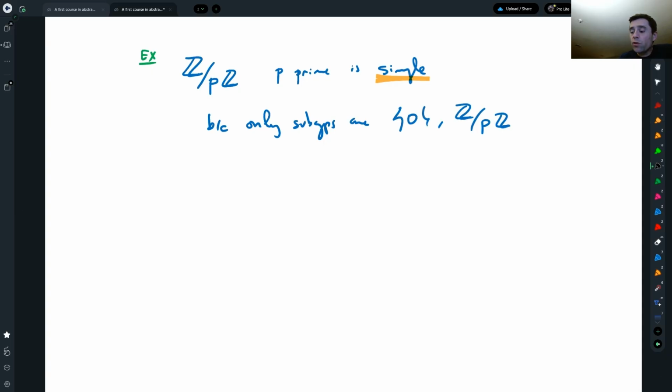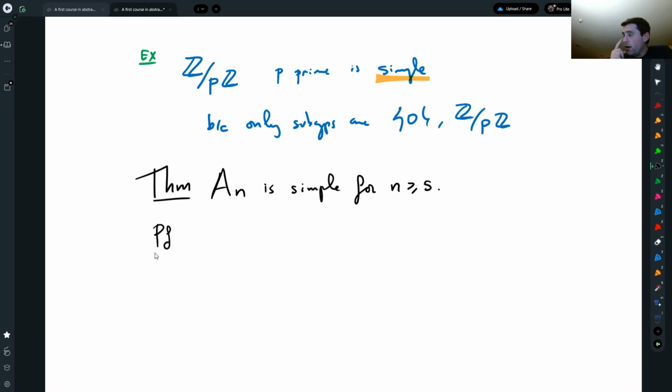And the last thing I want to say is the following theorem: A_n, the alternating group, is simple for n bigger or equal to 5. I'm not going to prove that here, but the proof is in the book.